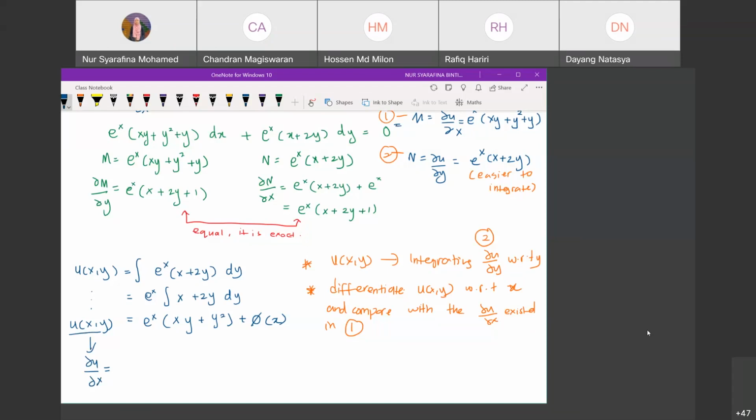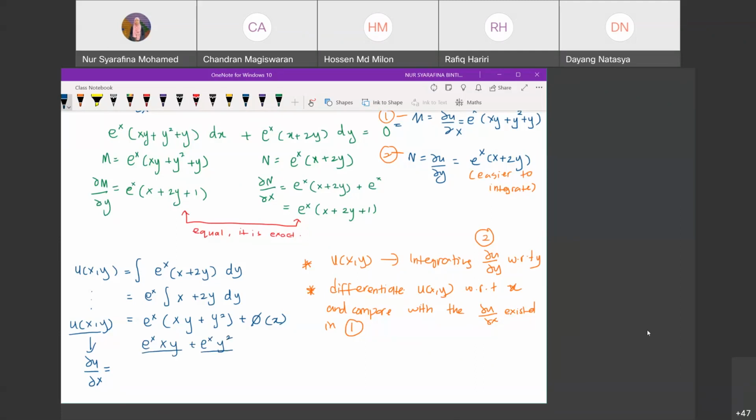So differentiate this with respect to x, you should get what? You just can simplify here. And differentiate, you need to use product rule, right?